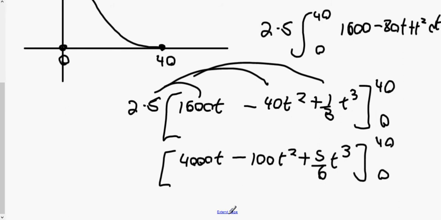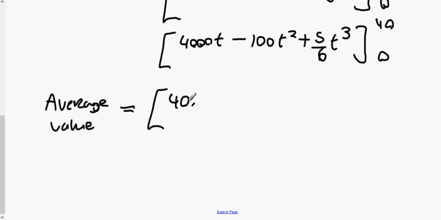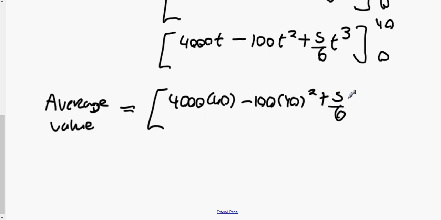Now we only have to worry about the 40s. So the average value is going to be 4000 times 40 minus 100 times 40 squared plus 5 over 6 times 40 cubed. Close the bracket there.